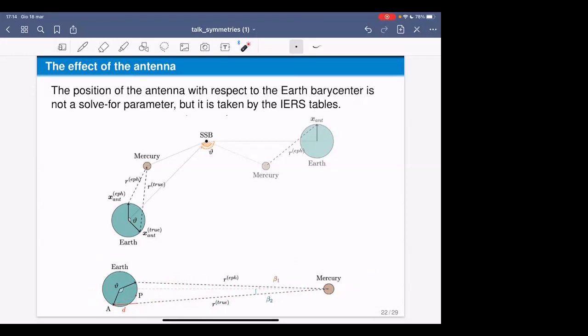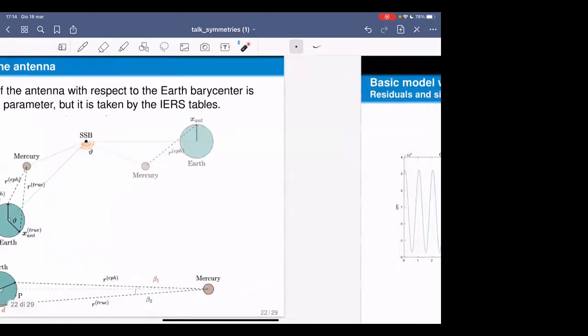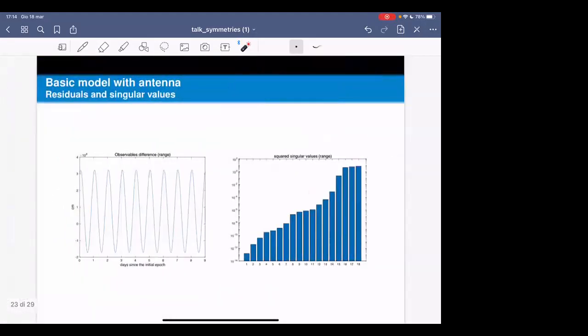So we expect that the exact symmetry is broken by a certain amount. And in fact, this is the case. As you can see, this is always the difference in the residuals. And now this difference is not zero anymore, but it has a periodicity, which is of course the one of the rotation of the Earth around its axis. This is 1 day.